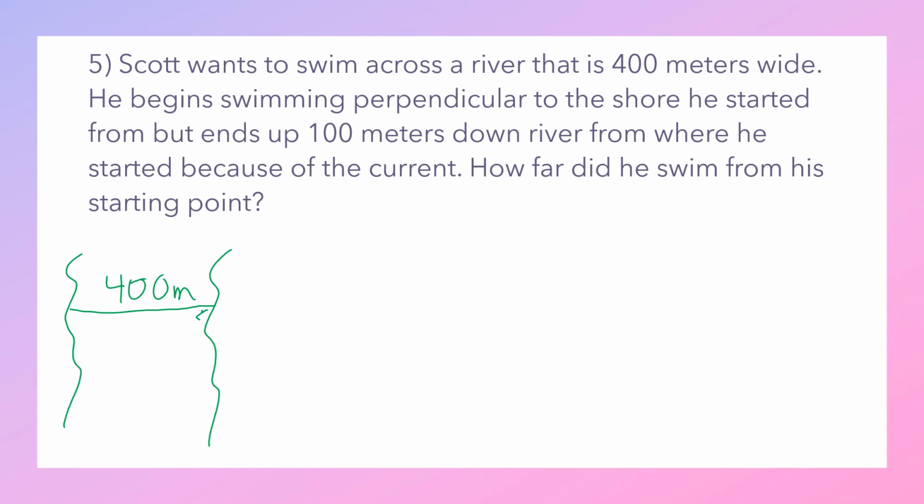So that would be like this, going like this. He ends up 100 meters downriver, and then how far did he swim from his starting point? Okay, so we have 400 squared plus 100 squared equals x squared.